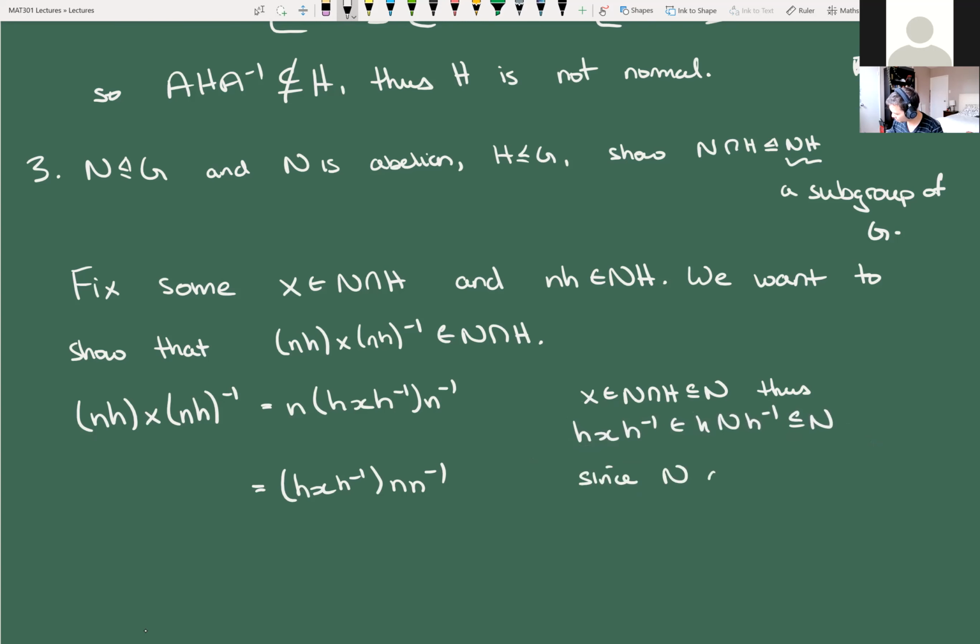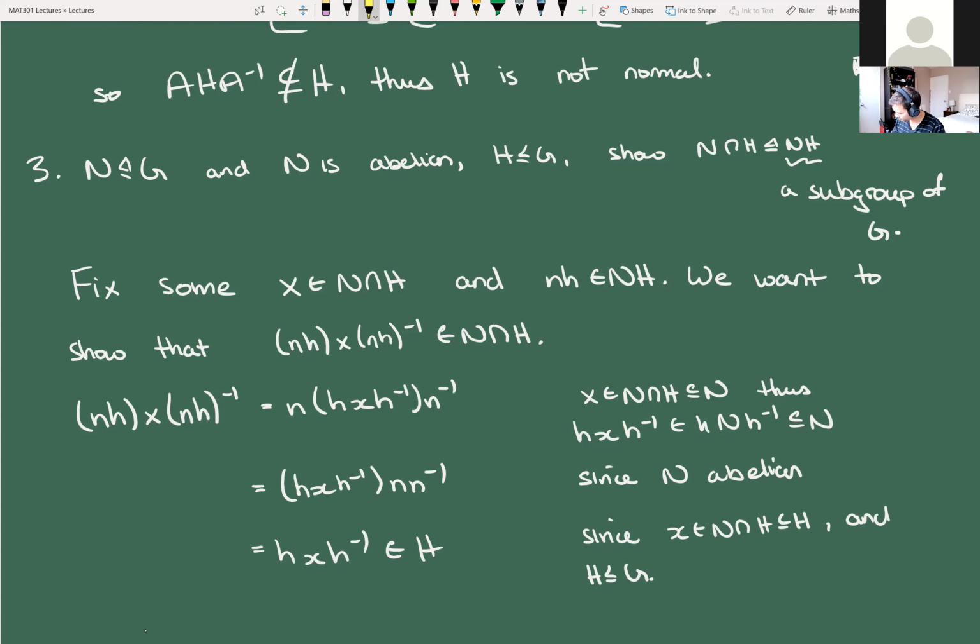Since N is abelian, that's equal to h x h^-1. But this is now in H, since x is in N intersect H, which is itself a subset of H, and H is obviously a group, so it's closed. And H is a subgroup of G.